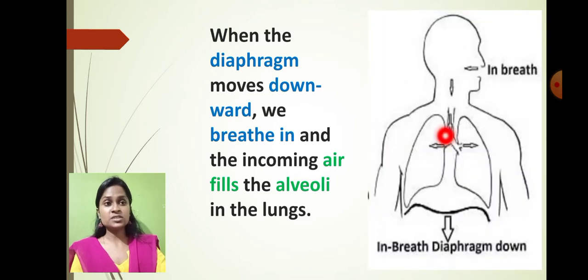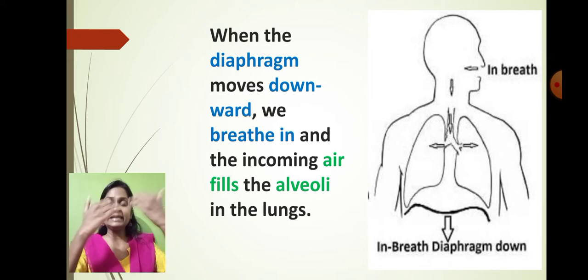So can you see that, students, during the in-breath process, first of all air will go into the nose, then into the trachea and the lungs, and finally it will reach the alveoli. The alveoli will push the pressure on the diaphragm. Imagine, students, lungs are just like balloons.